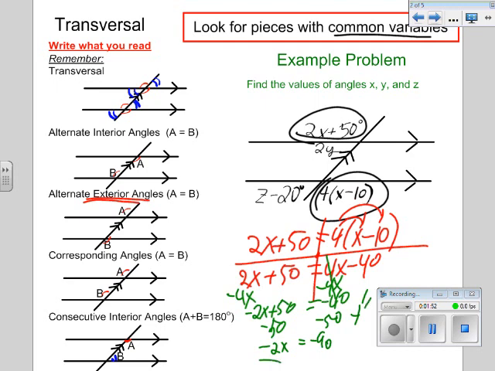Then divide by negative 2. x equals 45 degrees. That tells you what x is, and then you can plug that back in for x to figure out the actual angle. So 2 times 45 is 90, and 90 plus 50 is 140 degrees. So that angle on the outside there is 140.